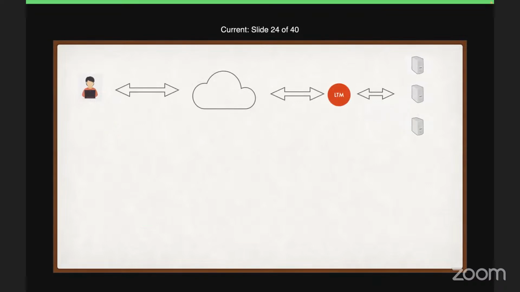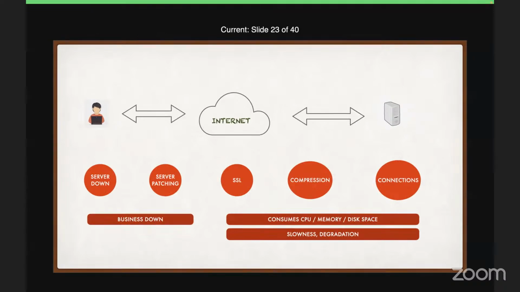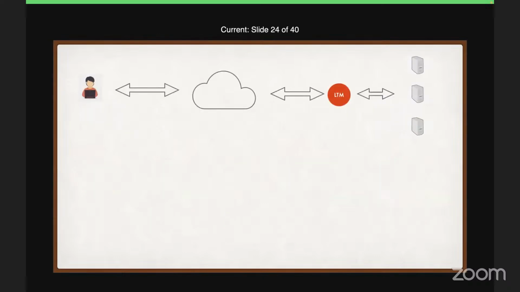So basically, in this image, between the internet and the server, we can have the LTM module. Now we can have multiple servers. When you resolve google.com, suppose it resolves to 1.1.1.1, we are going to configure that IP address on the LTM as a virtual server.